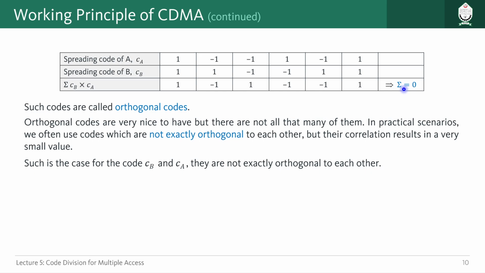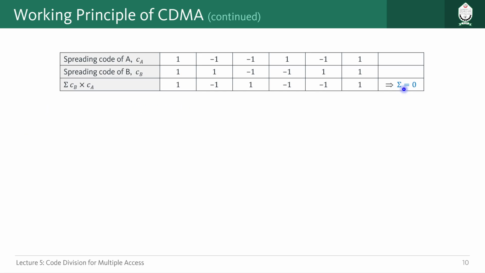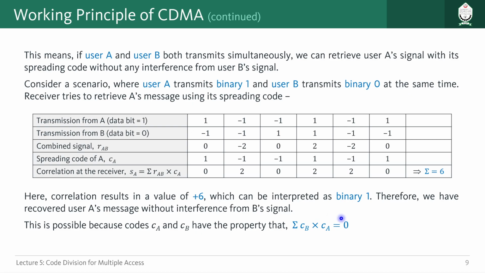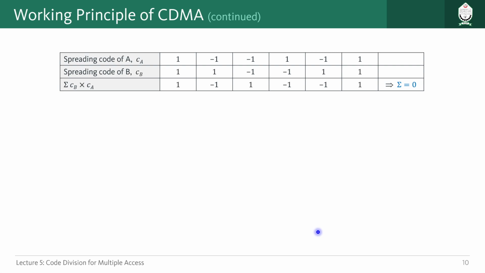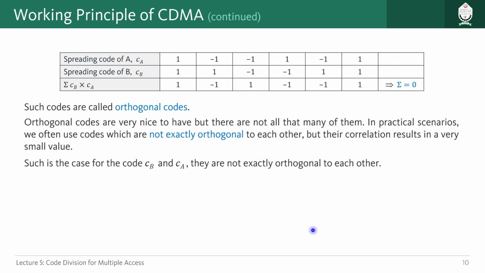Okay, so previously here we saw that for orthogonal codes, the correlation results in a value of 0, which is the ideal case. But as we don't have a lot of codes like that, in practical scenarios what we do, we take some codes which are not exactly orthogonal to each other, but after taking the correlation between them, that will result in a very small value, which is also desired, right?